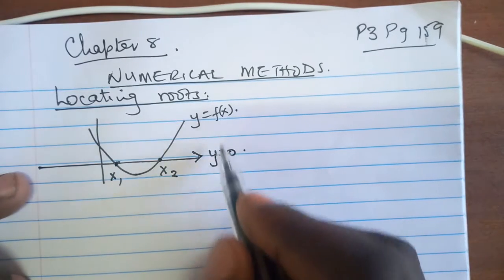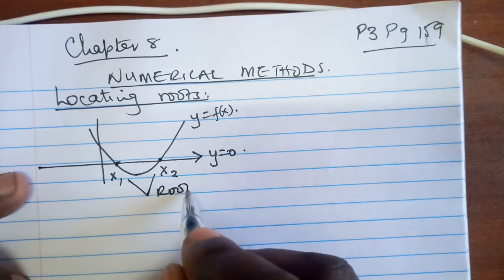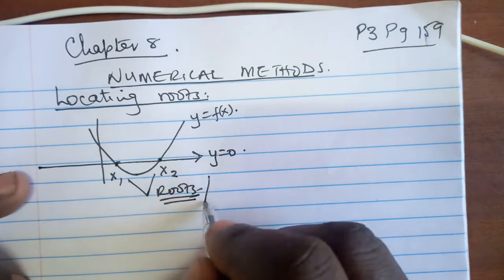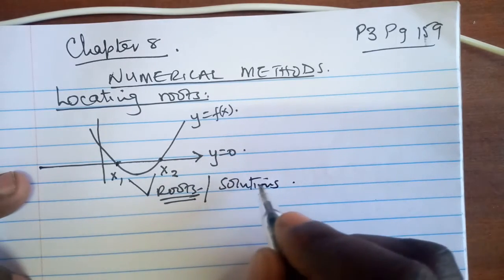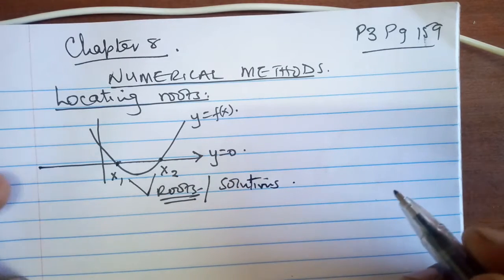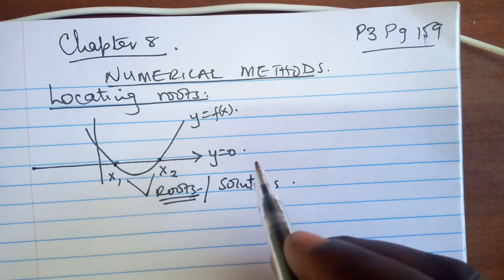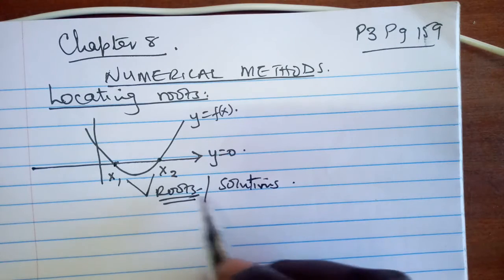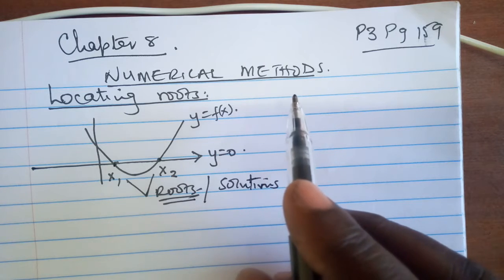And when this function is 0, then we have these as roots. Some books call them solutions. Solutions of functions are where the graph cuts the x-axis, or the line y equals 0. And anytime you substitute these roots in the function, you will find your answer is 0.